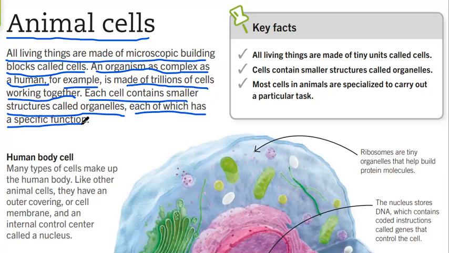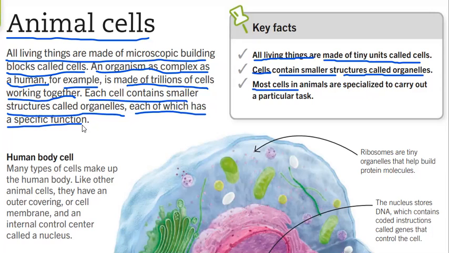Small units are called cells. And cells contain smaller structures called organelles. These are the two most important points.